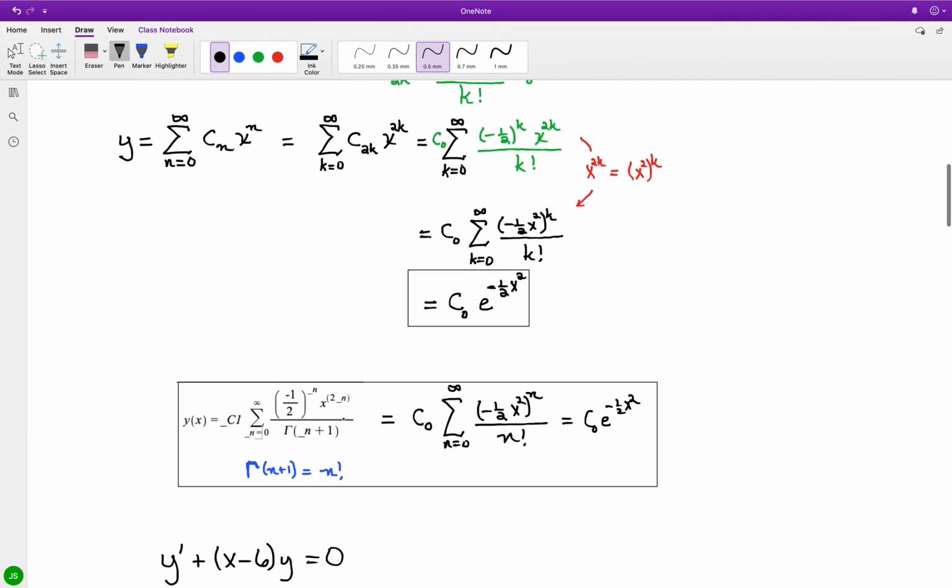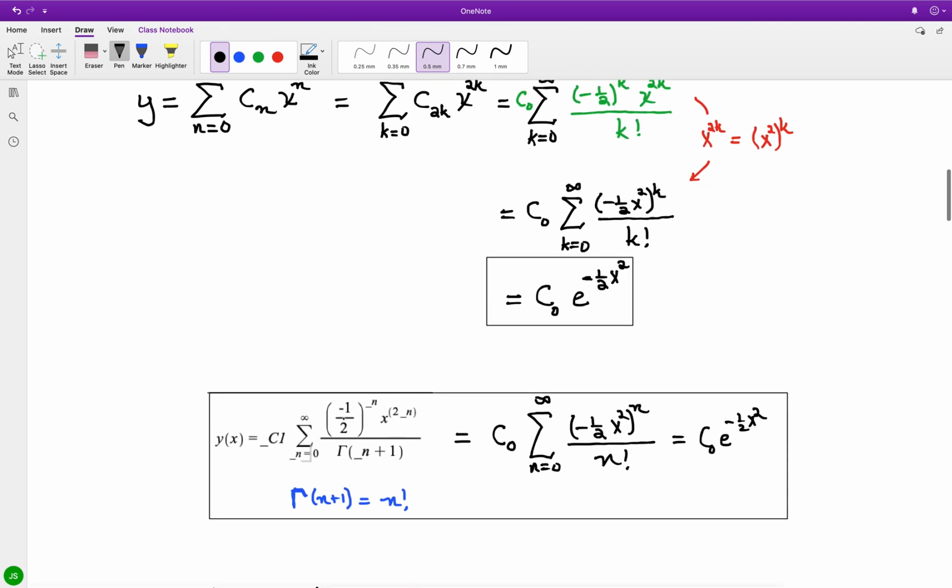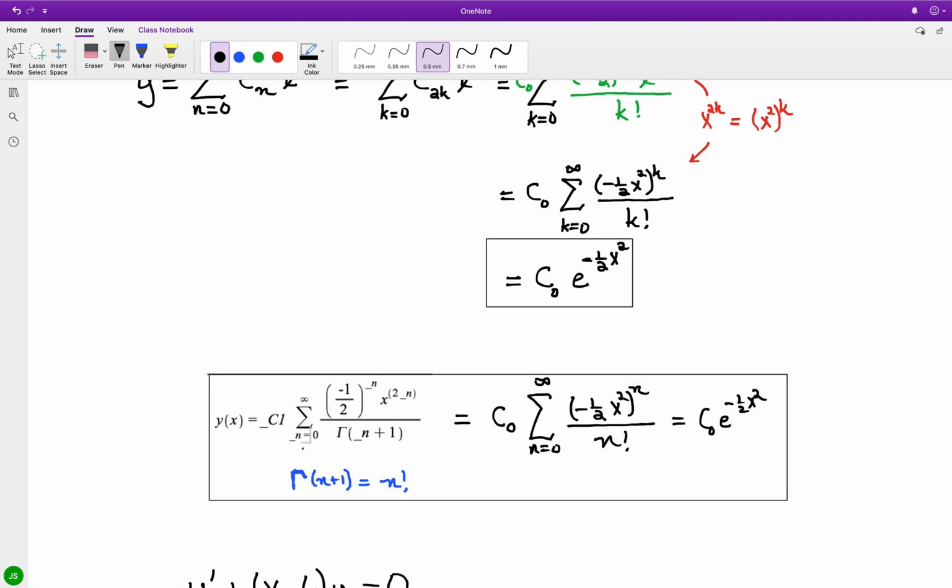And so this is your notation from Maple. So again, going from Maple notation. Now, again, the denominator has gamma of n plus 1. Translating in terms of factorial notation, gamma of n plus 1 is equal to n factorial. And just letting C01 be our C naught, and then everything else have negative 1/2 times x squared to the n.